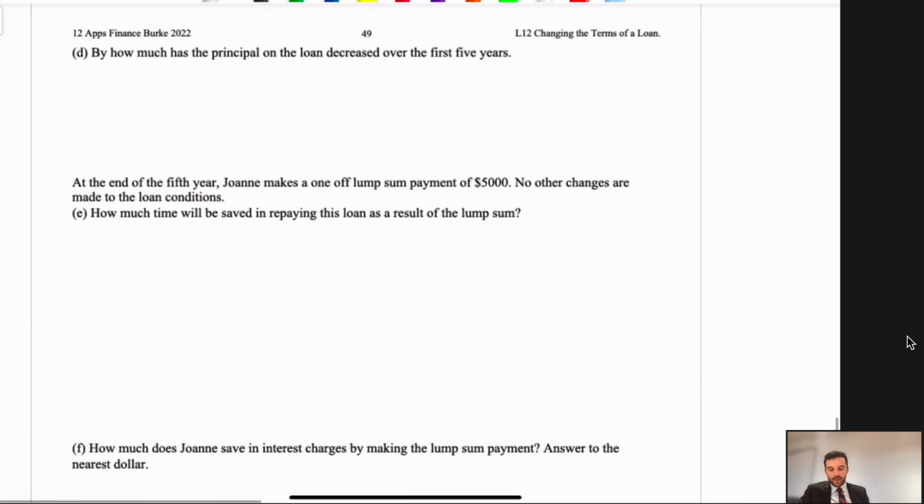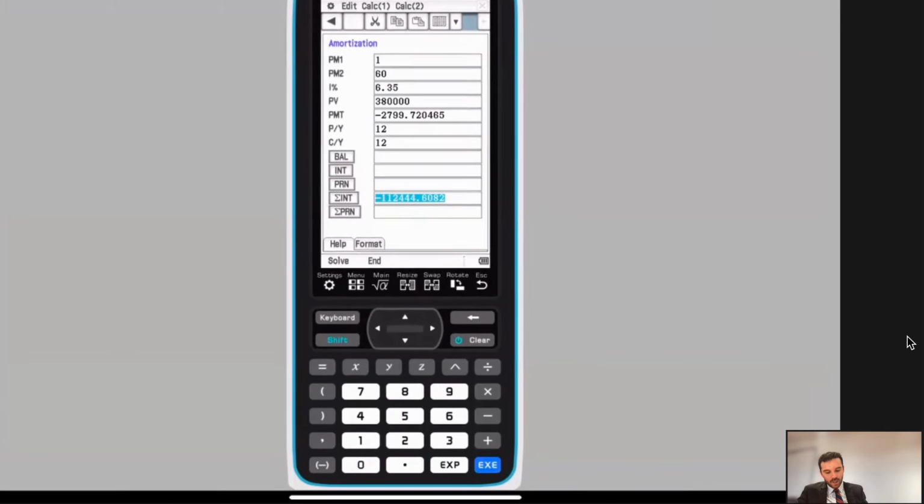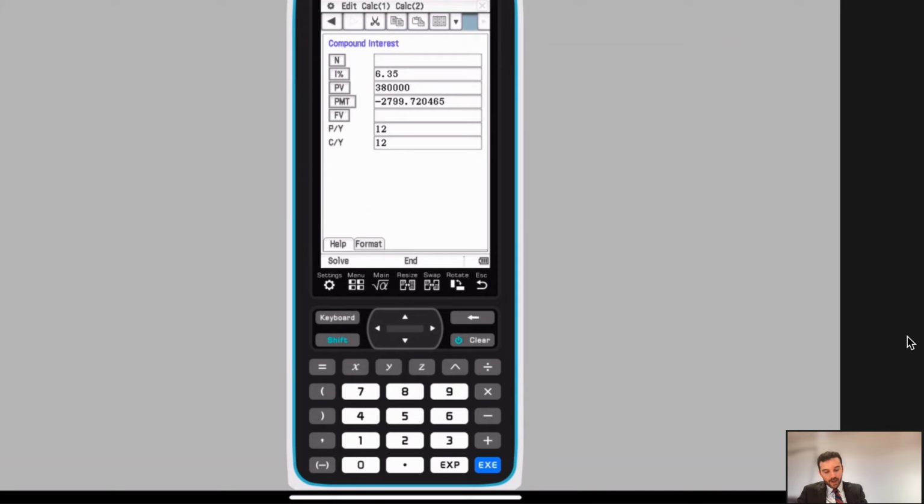Let's look at D now. By how much has the principal on the loan decreased over the first 5 years? So what we can do here is that's just looking at our FV. Okay, so after 5 years, what's our FV, basically? So go calc, back to compound interest.